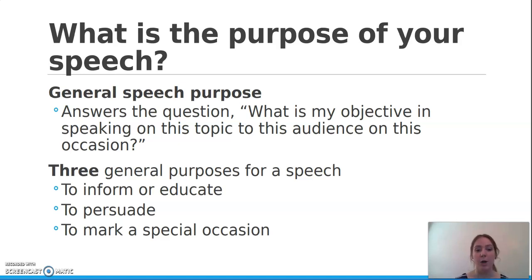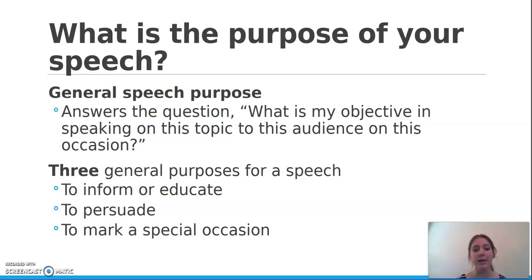It's either to inform or educate, which is to tell us, to train us on something, like your training and briefing speech. Then you have persuasion, where you're not training or briefing us on something, but rather you're trying to persuade us to want to do something or want to feel a certain way about something.